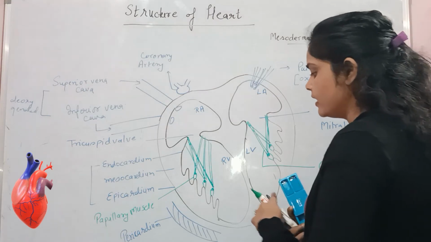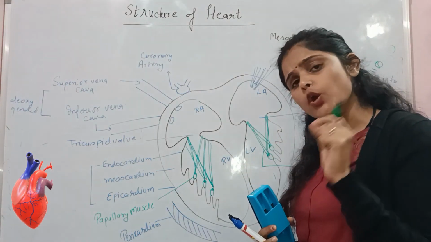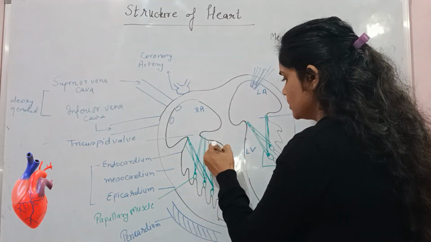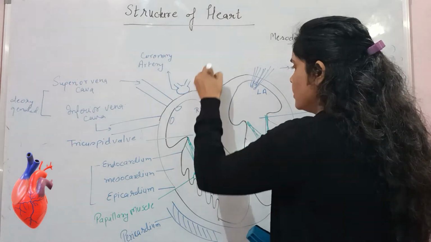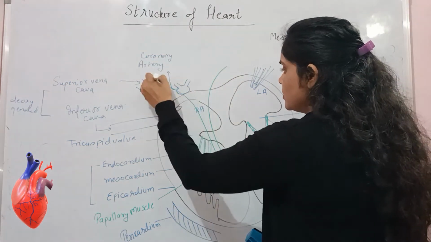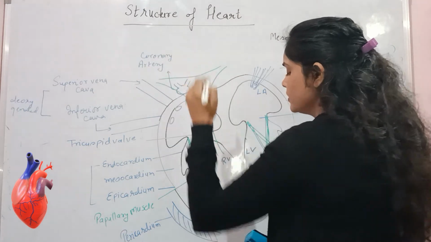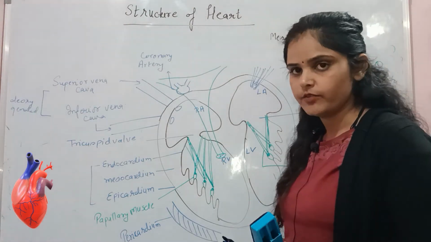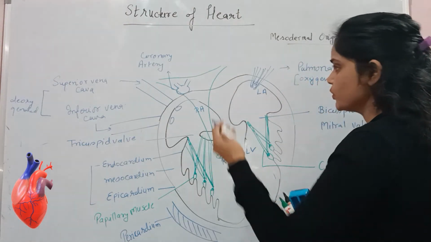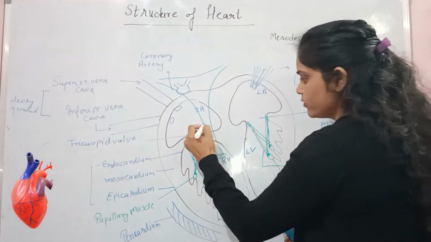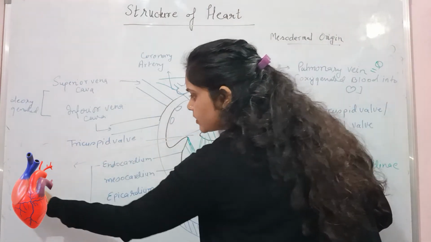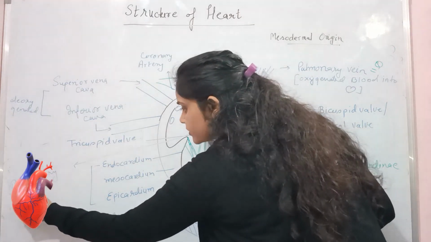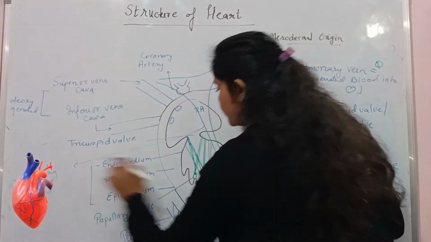Now let's talk about another artery and the aorta as well. So we are seeing in the right ventricle there is also the presence of an artery known as what? The pulmonary artery. So we can write its name here: pulmonary artery.